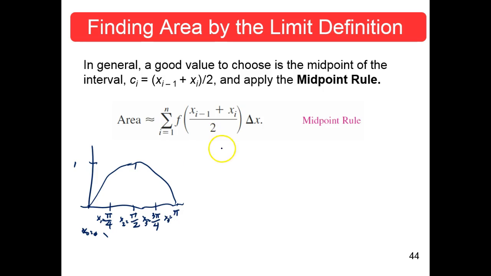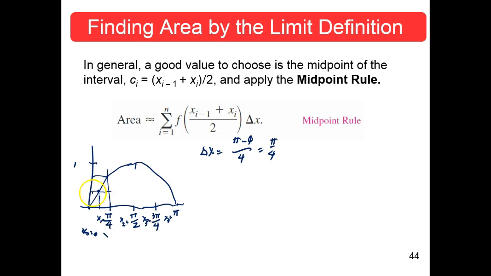And by the way, our delta x is equal to pi minus 0 over 4, b minus a over n, and that would be pi fourths. We've already shown that, but just to get it down there. Now, if we did this end, that would be a 0. If we did this end, that would be our rectangle. What they want us to do is the midpoint here.